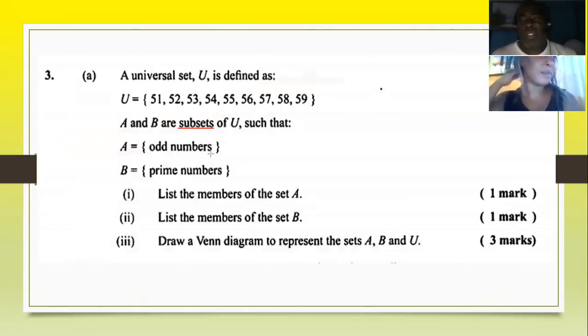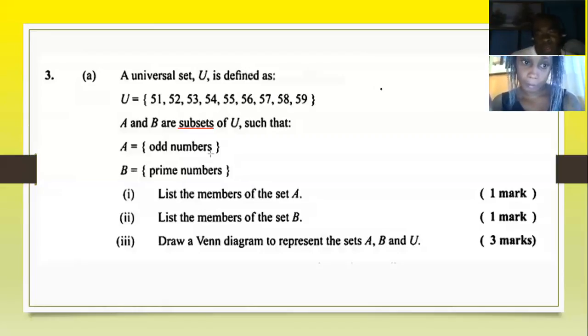So you're going to have, say, three is an odd number, five is an odd number, seven. Give me a next one. Nine. Good.